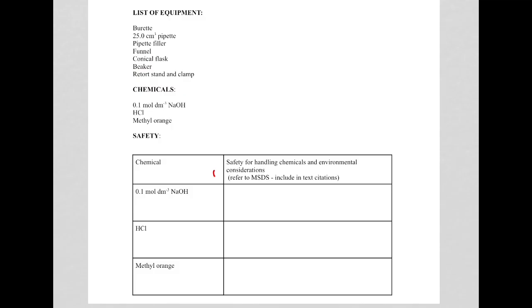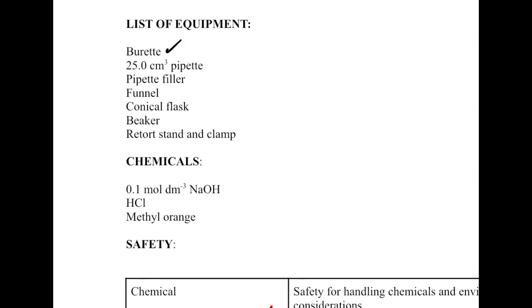So if you look at the list of equipment, burette you used for measurement, pipette you used for measurement, and that's it. Everything else was not used for measurement, which means that I'm going to have percentage uncertainty of burette and percentage uncertainty of pipette only.